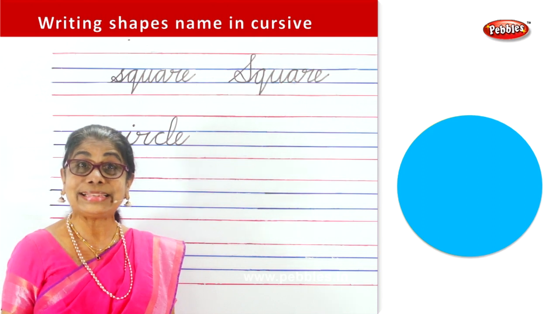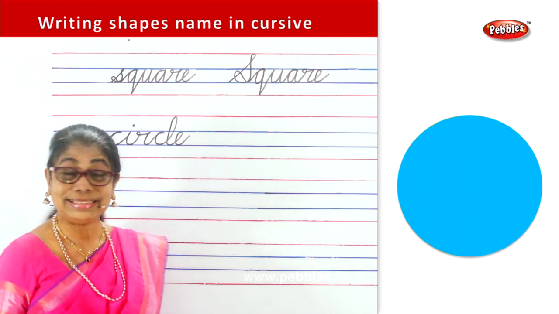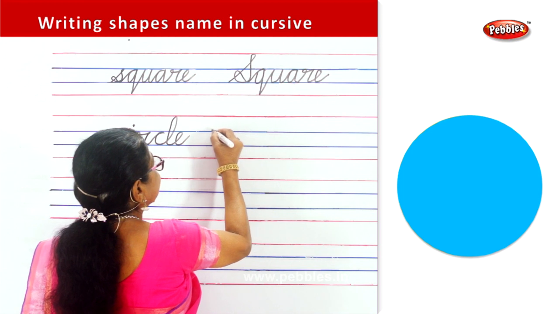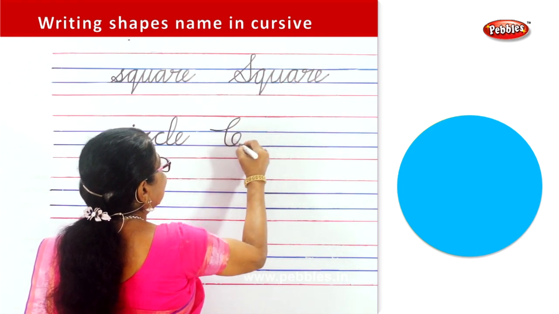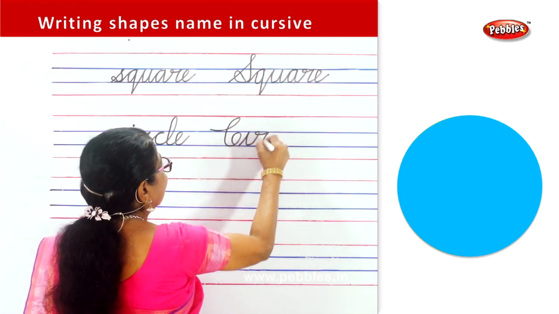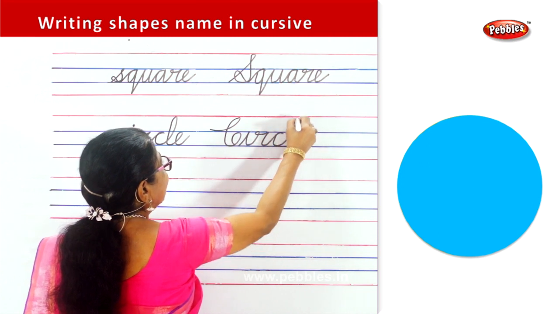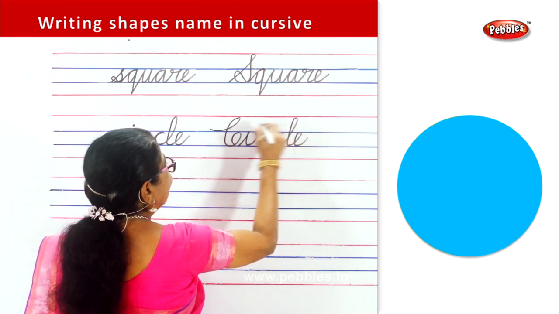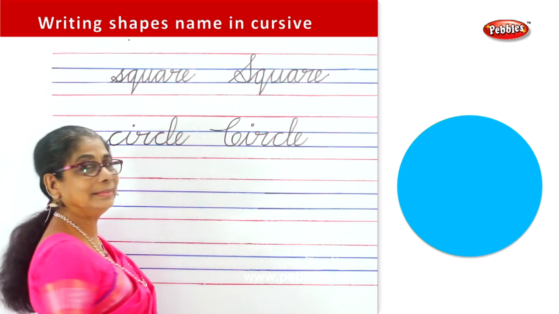Let's write the C capital. Yes, C I R C L E, circle.